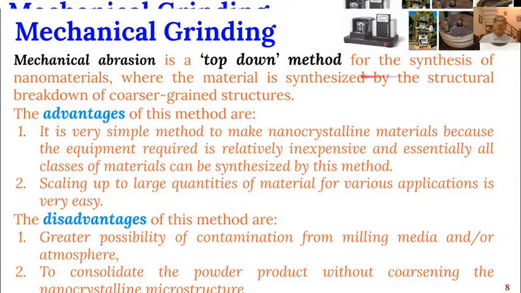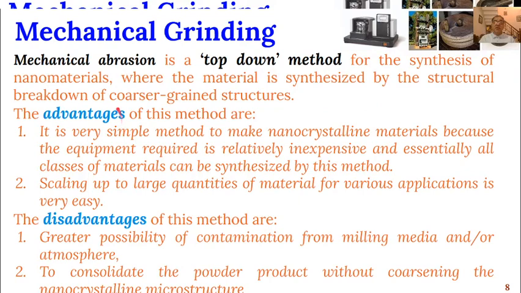Then one most common method which is used for the synthesis of nanomaterial is mechanical grinding. So mechanical abrasion or mechanical grinding is a top-down method for the synthesis of nanomaterials, where the material is synthesized by structural breakdown of coarser grained structures.